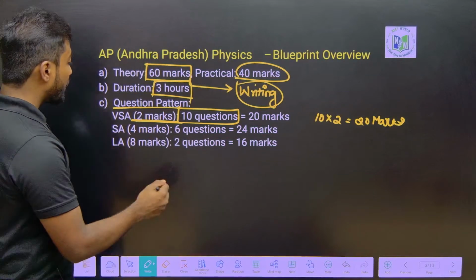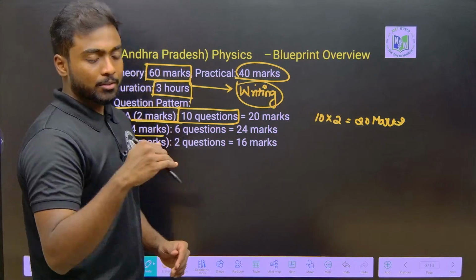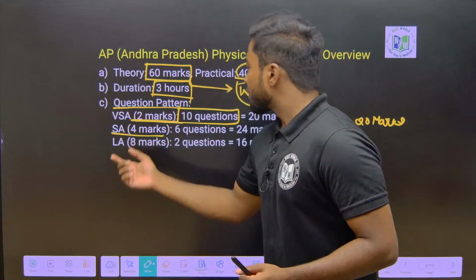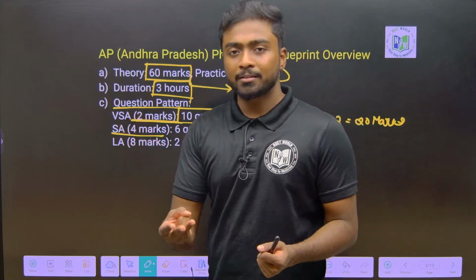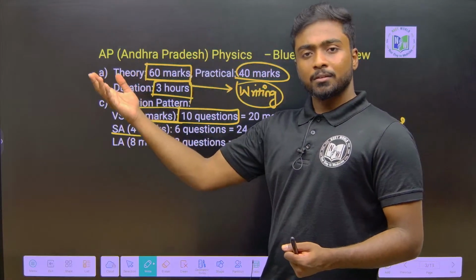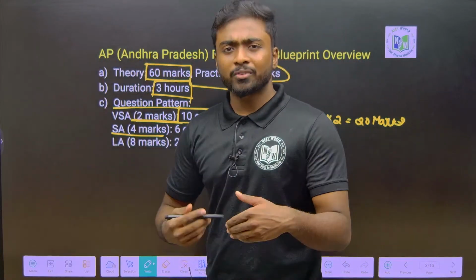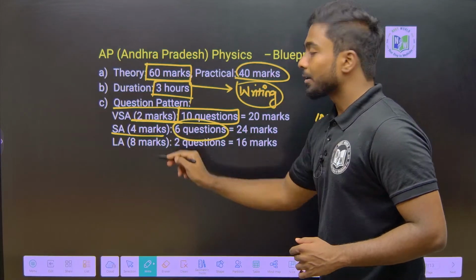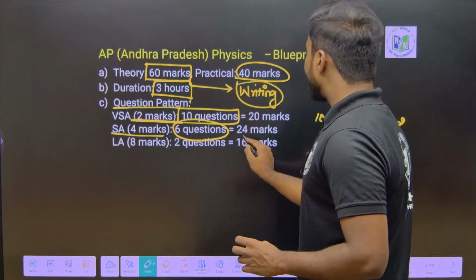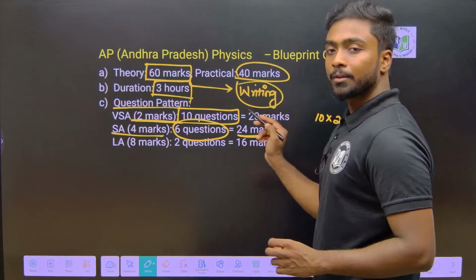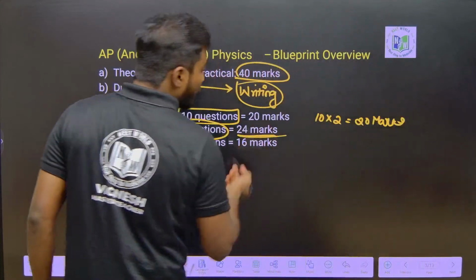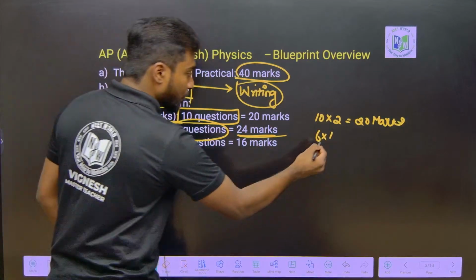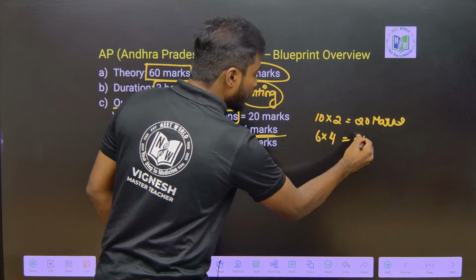Then after very short answer, which is 2 to 3 lines, comes short answer, which is 7 to 8 lines. There are 6 questions, and I need to attempt all 6, which is 6 into 4 marks, 24 marks.